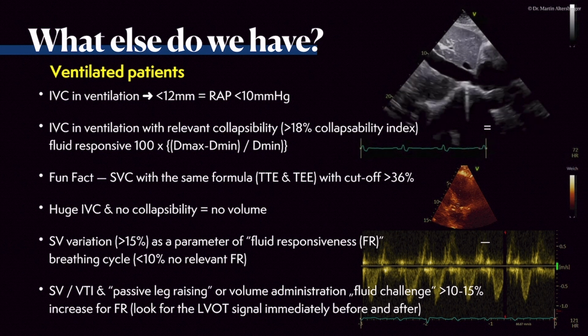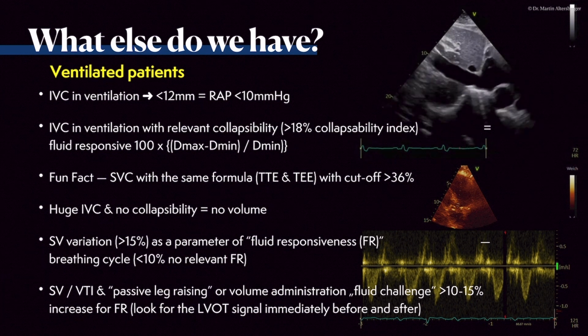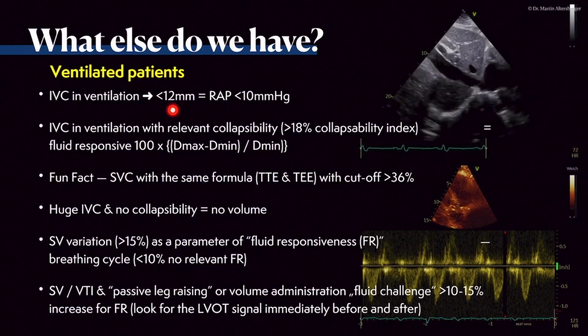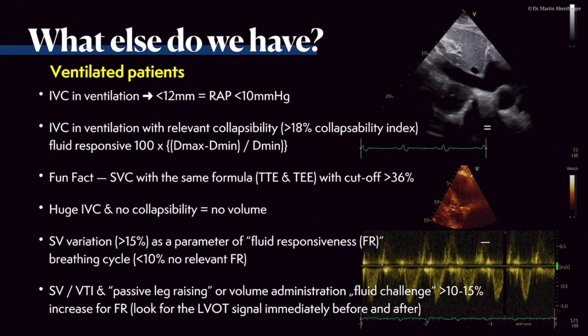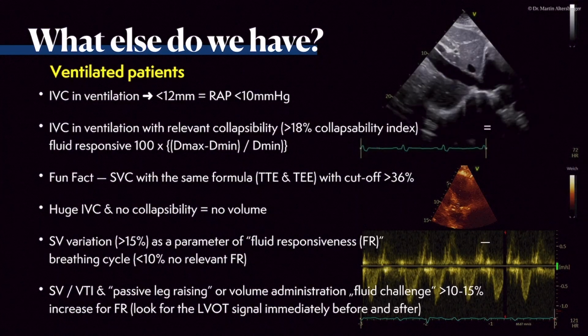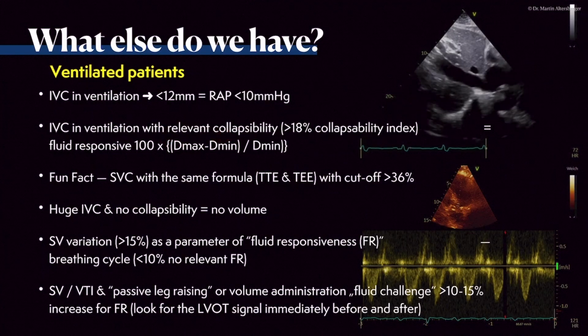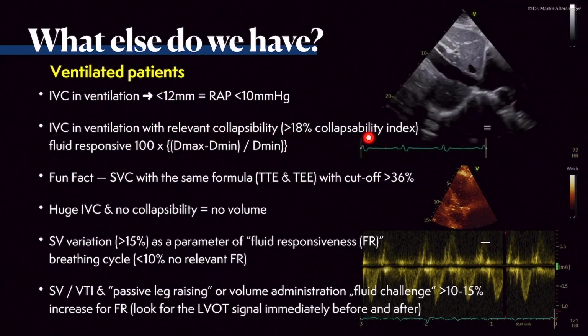What else do we have in ventilated patients? Well, if the IVC in a patient with ventilatory support is below 12 millimeters, it is with a very high likelihood that the right atrial pressure is below 10 millimeters of mercury. If the IVC with respiratory support has a relevant collapsibility, you can calculate an index.